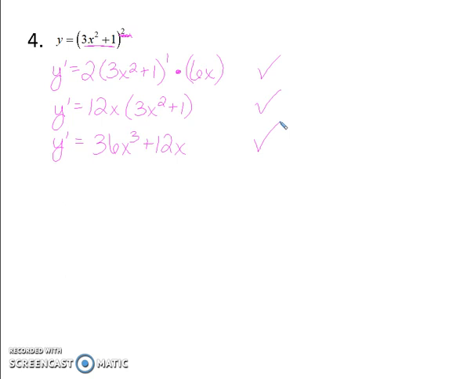Multiple choice would probably be that last option of 36x cubed plus 12x. But you should be capable of getting from the first step here down to the last step by using distribution if you have to, only if you're trying to find your multiple choice answers. If it was an FRQ, you could have stopped with that very first one that we have written down there.